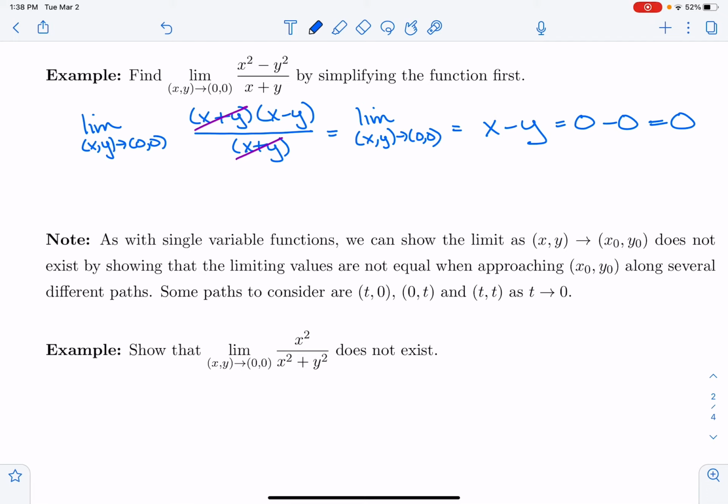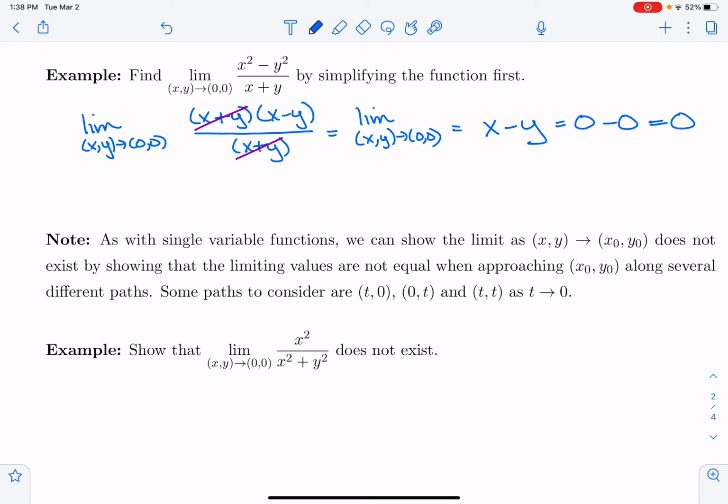Except in multivariable calculus, as we approach a particular point, we can approach it not just from the left or the right, but we can in fact approach it from any direction. And so what we need to do is to see what happens when we approach this limiting point from any direction. So what we're going to do is we're going to pick particular paths.